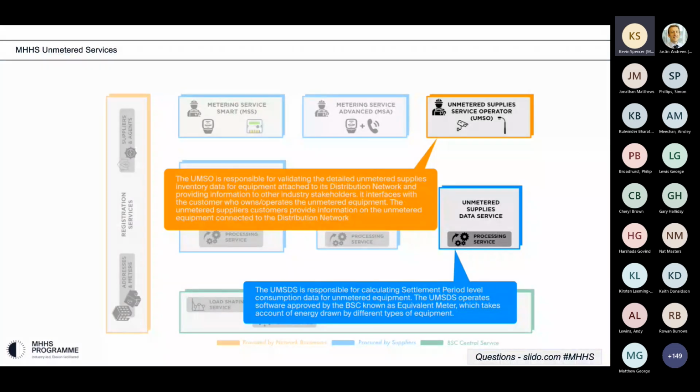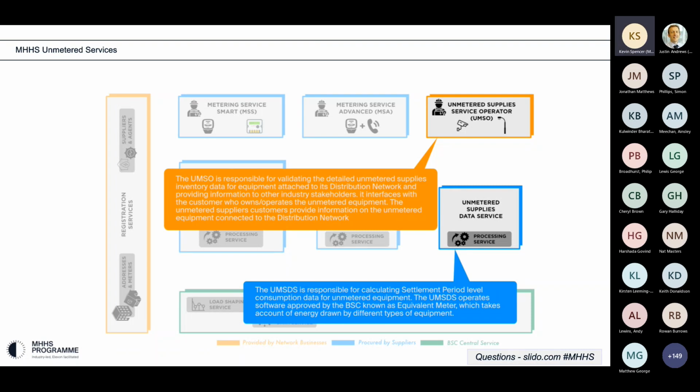If it finds any validation errors, it will go back on another new data flow to the unmetered supplies data service using the D389. And there are method statements in the artifacts for both the unmetered supplies operator and a separate method statement for the unmetered supplies data service.